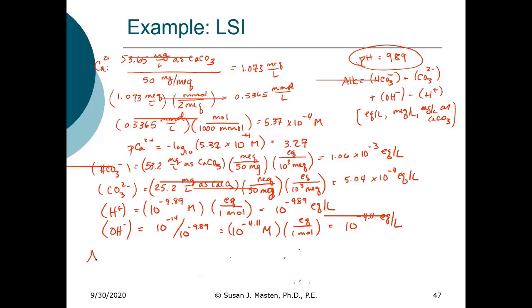So the alkalinity is equal to my bicarbonate concentration, 1.06 times 10 to the minus 3, plus 1.04 times 10 to the minus 4.